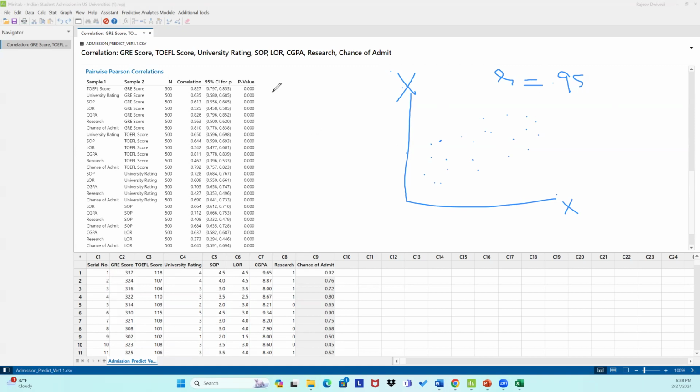But in regression, you have to define that X is independent and Y is dependent.